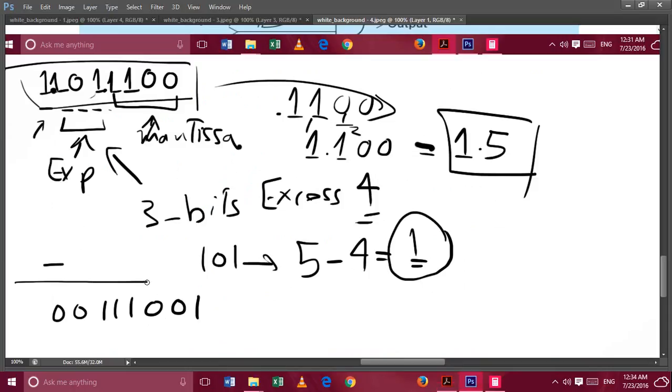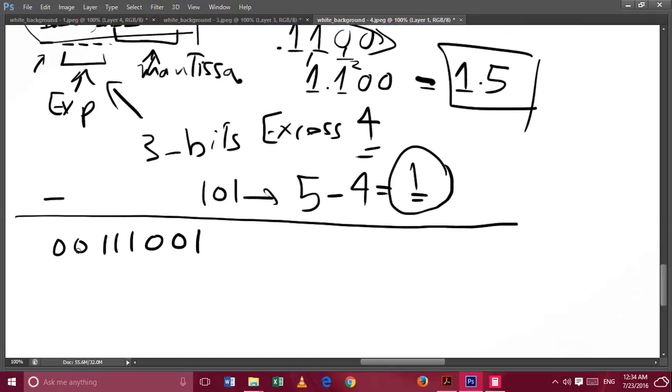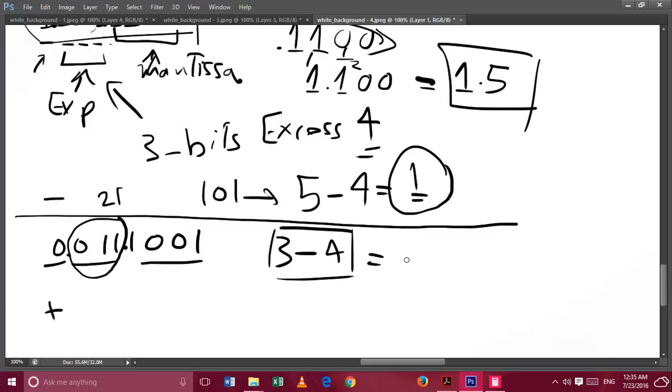Again, this is the sign, this is the exponent, and this is the mantissa. Sign has 0, that means it's a positive number. We need to turn this number, which is a 3-bit excess 4, to its decimal equivalent. That would be 3, minus 4, because that's how we turn from excess 4 to decimal. That would equal minus 1.